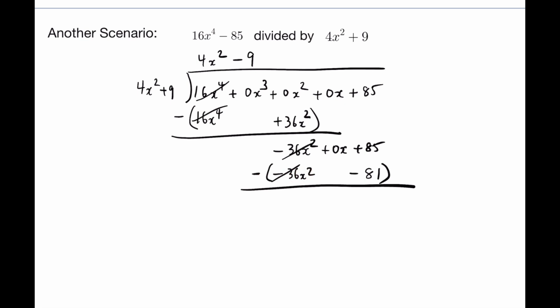So those cancel out. We don't need to do anything with this middle term. And so what we have left is negative 85 minus negative 81, which is the same thing as negative 85 plus 81, and our answer here is negative 4, which is our remainder. And so we're going to say that that's minus 4 over 4x squared plus 9.